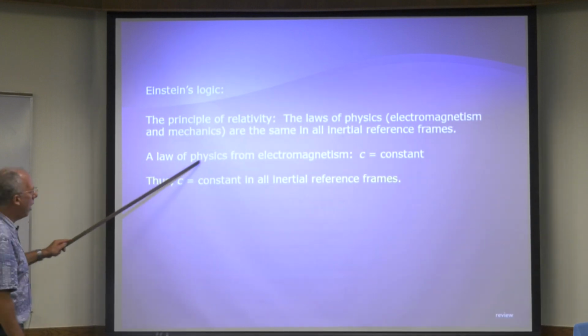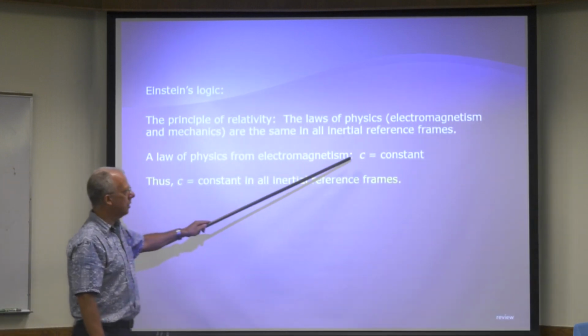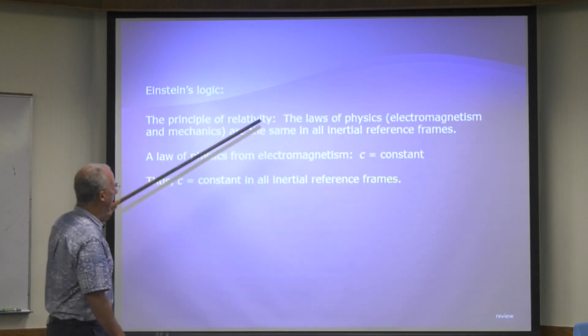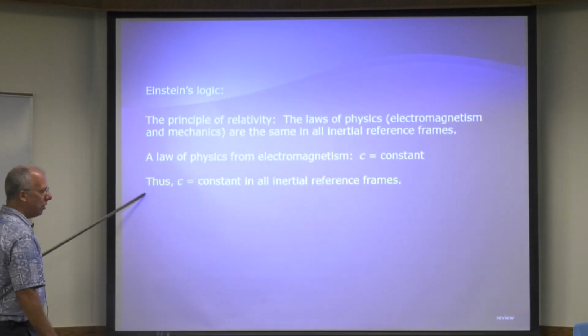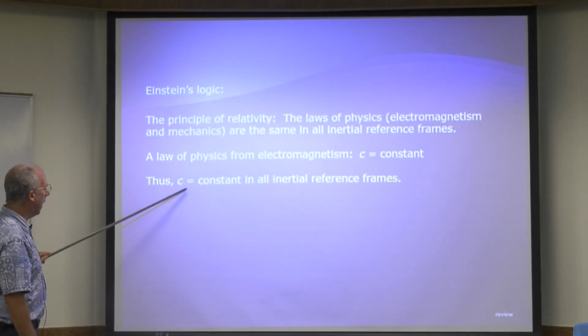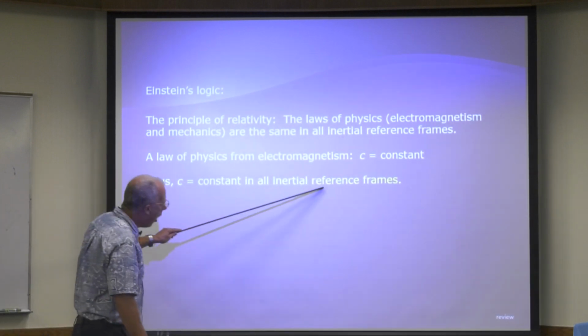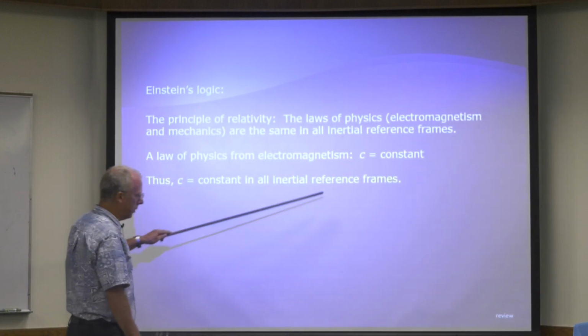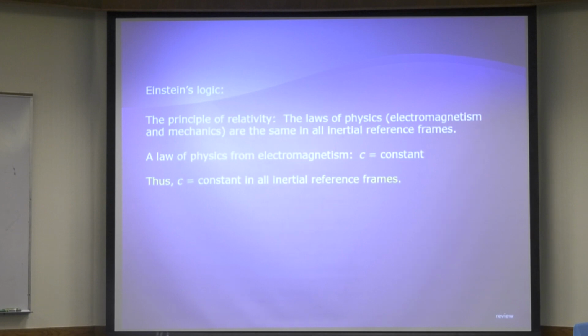A law of physics from electromagnetism says that the speed of light is constant. So if you take this, this is just logic. Therefore, the speed of light has to be constant in all inertial reference frames. Make sure you understand that. It's an easy logical argument, but when you think about it, it's completely nuts, right?